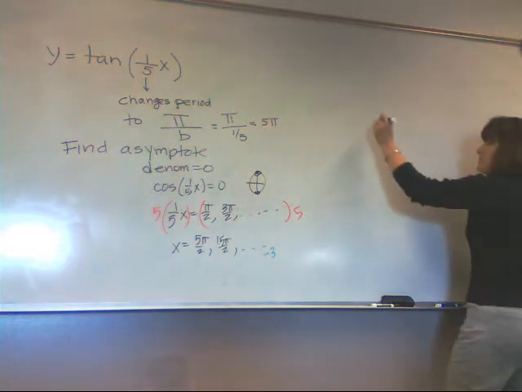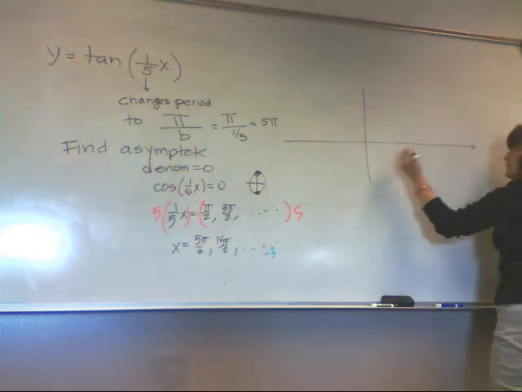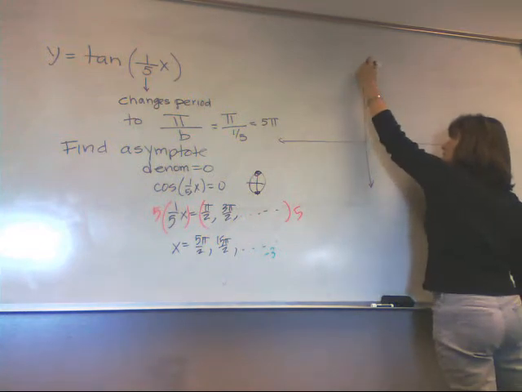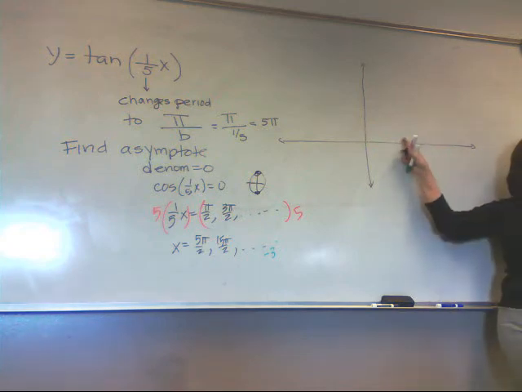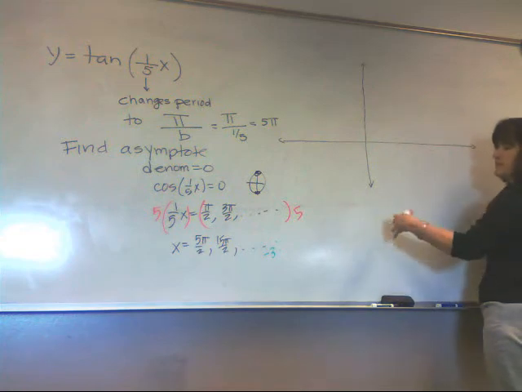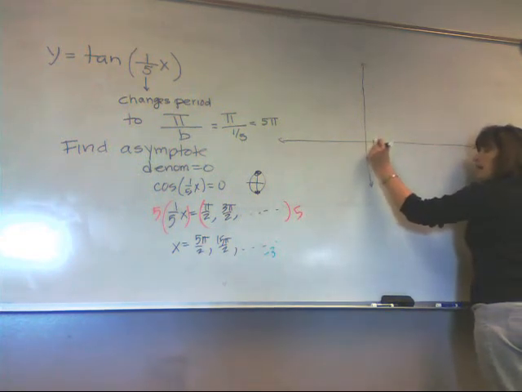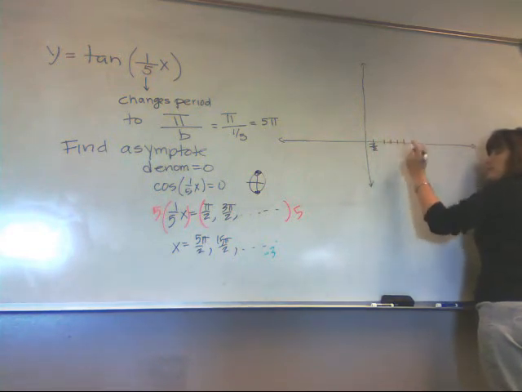So when I go to graph this, I could just make one unit be 5 pi over 2 if I wanted to. I think it's probably easier for most of us arithmetically if we just go with pi over 2. I'll make it kind of small though, because I have to go all the way out to 5 pi over 2 before something happens.